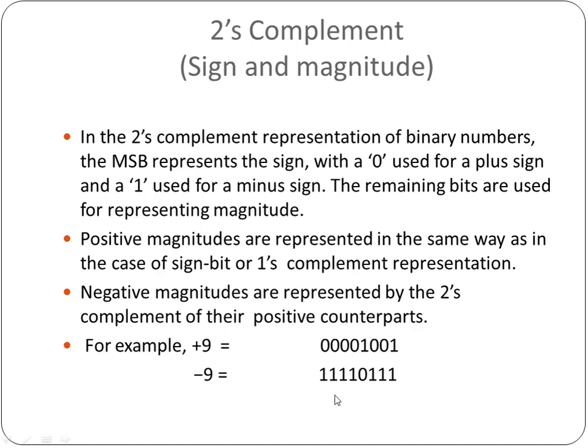Now you will find that the MSB here is 1, so it is a negative number. And now if you again take the 2's complement of this number, you will get the same number, that is, positive 9.